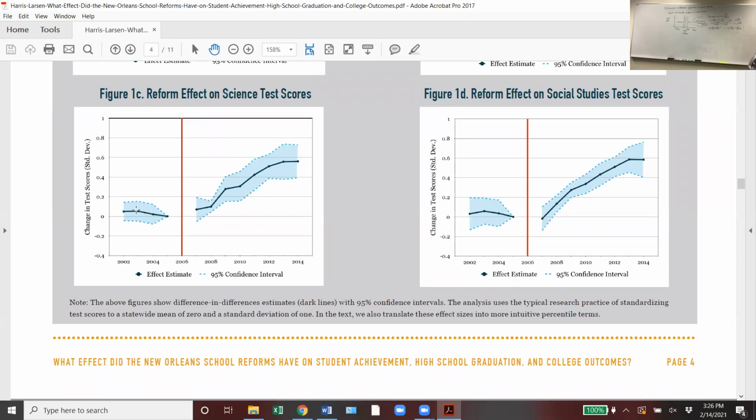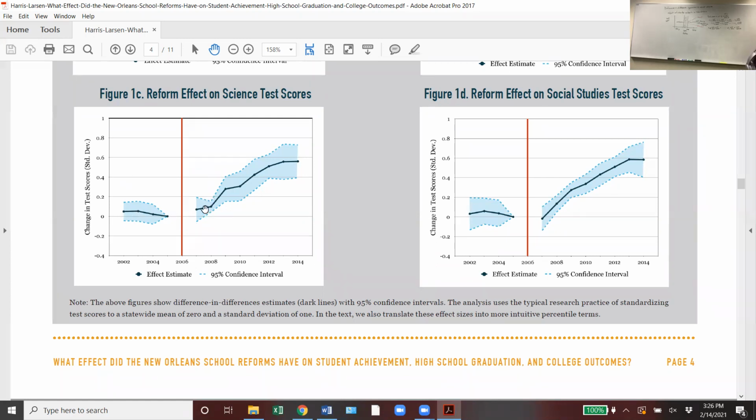This confidence interval band is including 0, right? So it looks like the difference between New Orleans and adjacent school districts for these matched kids, the test scores looked essentially identical, right? So it looks like a pretty good comparison group.